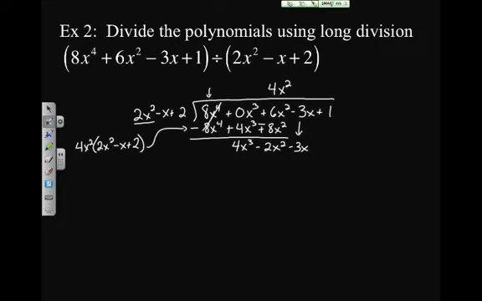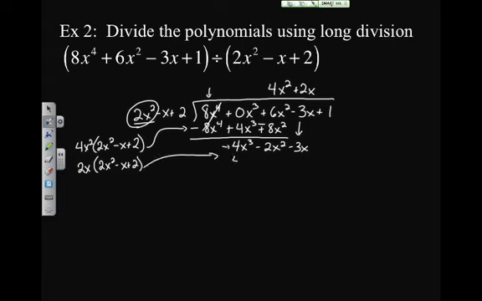So once again, we check out this term, 4x cubed. What do I multiply the 2x squared by to get 4x cubed? Well, 2 times 2 is 4, and x squared times x will be x cubed. So we will take the 2x and again multiply by our divisor. And that will go in right here.